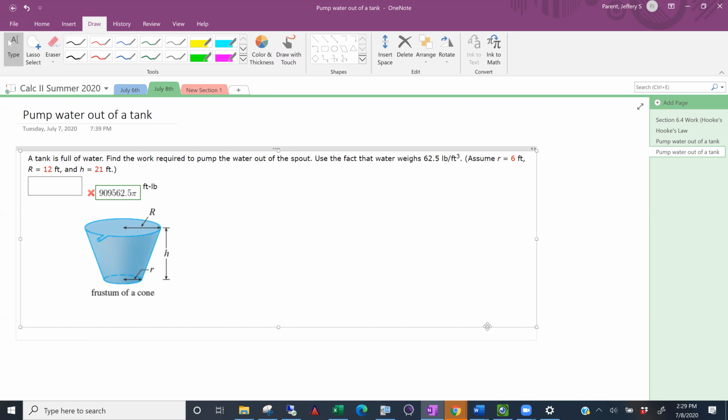All right, so let's take a look here. Although it's a little exaggerated, this kind of looks like the shape of a lot of glasses.